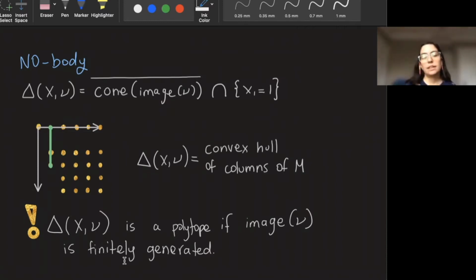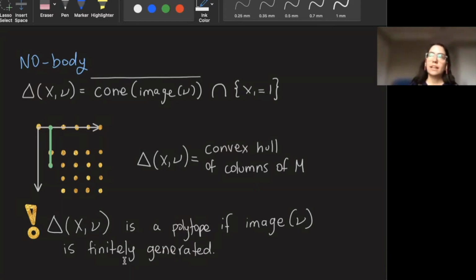But in general, of course, that can be very hard to relate. And more importantly, a very important application is the one that I mentioned from Anderson, which is that if you have a polytope, you can have a toric degeneration.